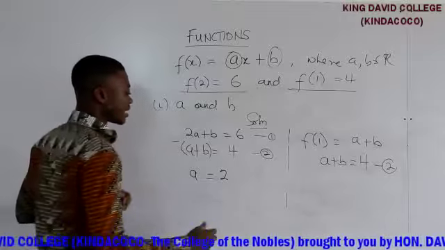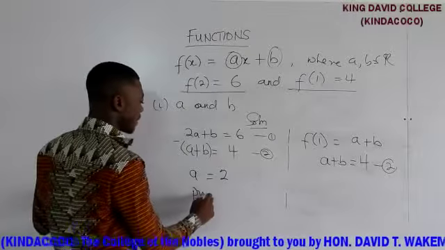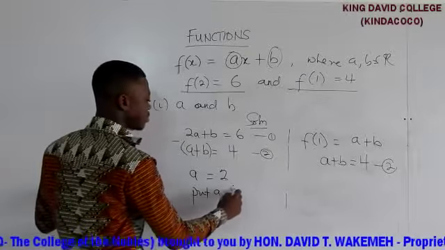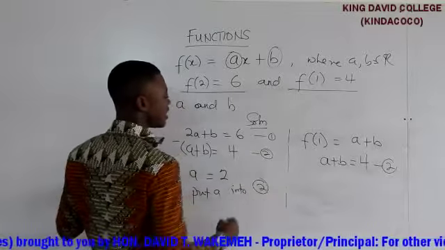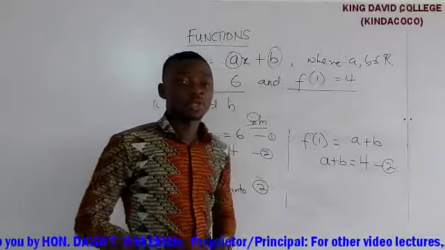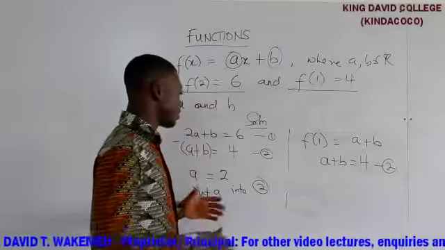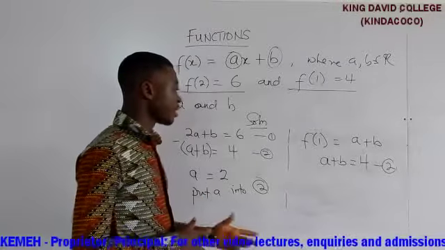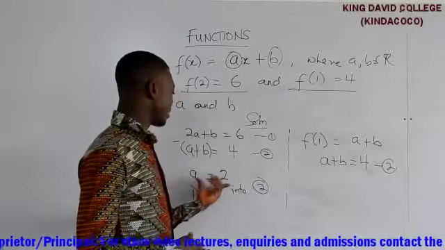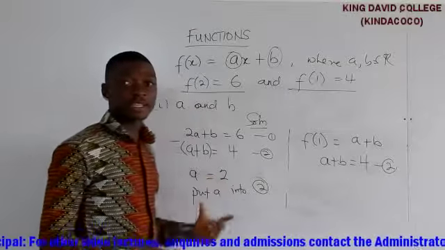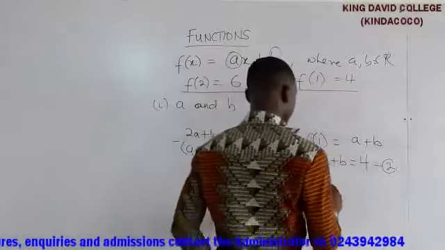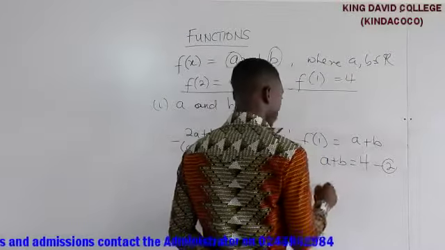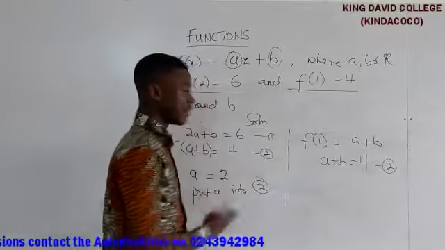Okay, so we can put a into, say, equation 2, because it will be easier working with equation 2. We are only putting the answer we had for a into that equation. So wherever I see a, I'm going to put the value there, which is 2.